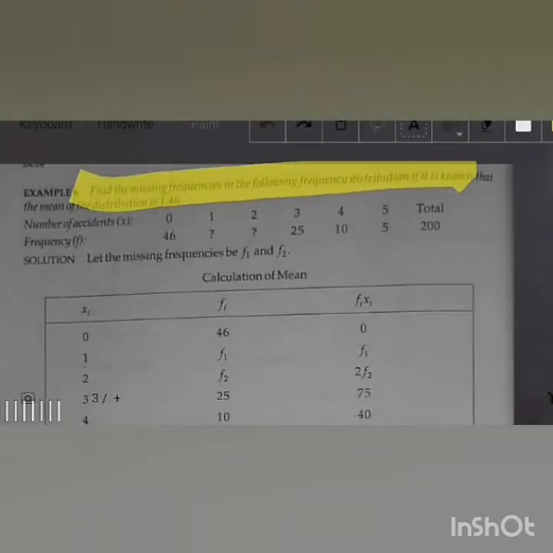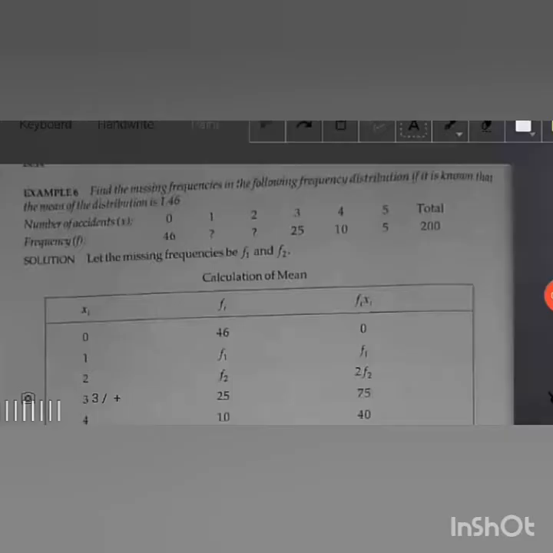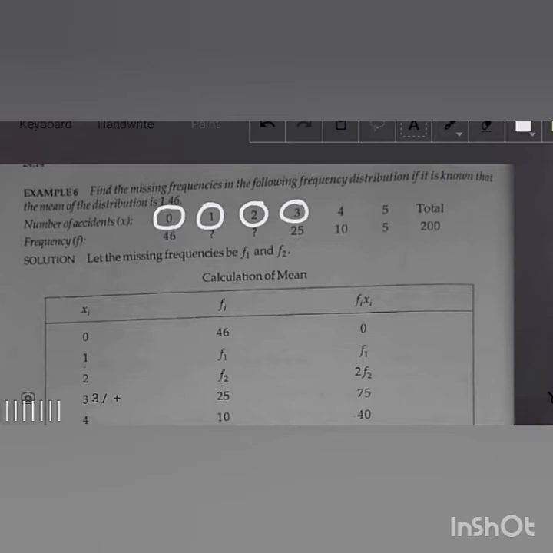Now let us see one more example. Find the missing frequencies of the following distribution if it is known that the mean of the distribution is 1.46. Here the xi values are given: 0, 1, 2, 3, 4 and 5.